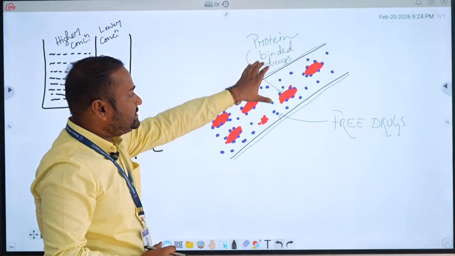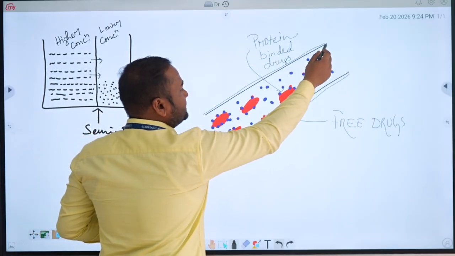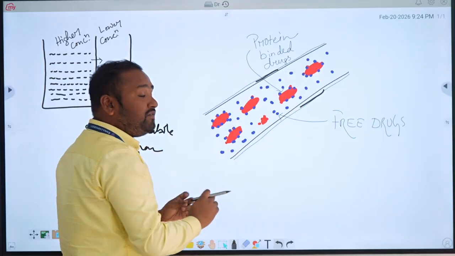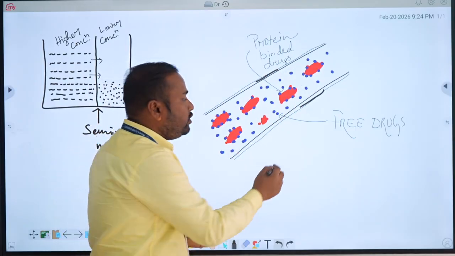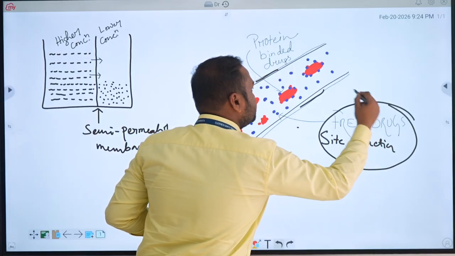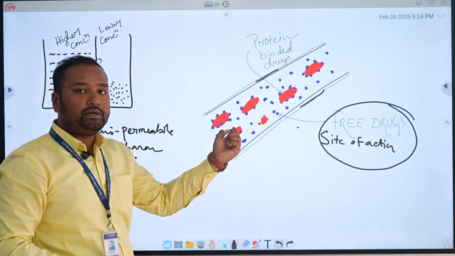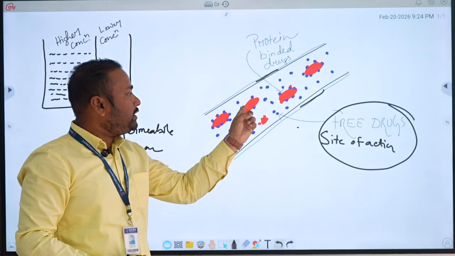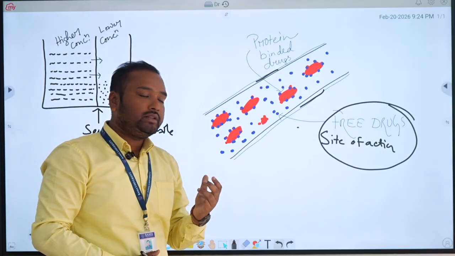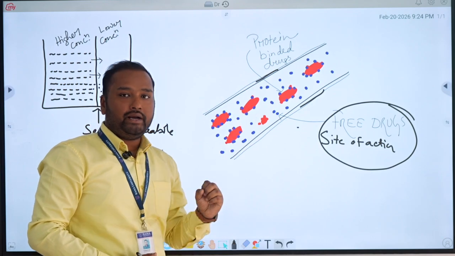Here it is a blood vessel, you can see the vessel on both sides, and there are some free drugs that move to the site of action. There are also some drugs that bind to particular proteins, that is albumin protein, globulin protein. There are various types of proteins where the drugs get protein bound.